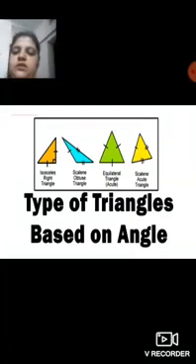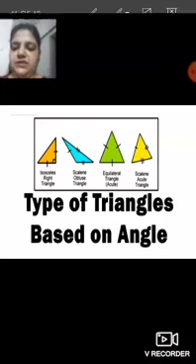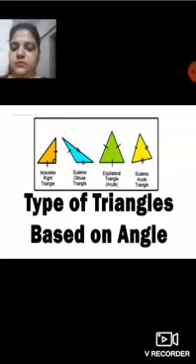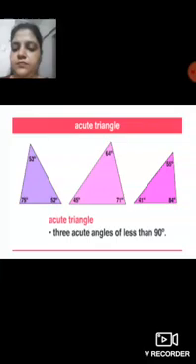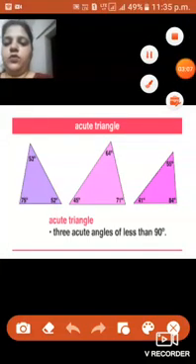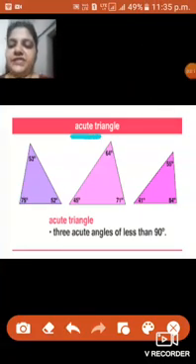Now, on the basis of angles, we are going to describe the types of triangles. Acute triangle. The word acute, what does it say? That the angle will be less than 90 degree.